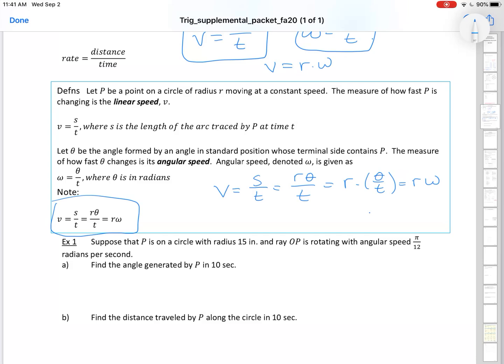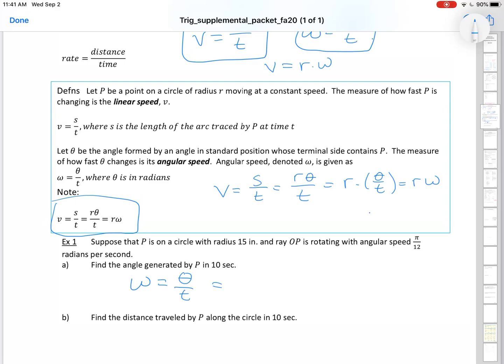Find the angle generated by P in 10 seconds. So let me read the problem. Suppose that P is on a circle with radius 15 inches, and ray OP is rotating with an angular speed of pi over 12. Find the angle generated by P in 10 seconds. Okay, so what do we have? We have angular speed. Angular speed is omega. Omega is the angle which we want over the time which we have, 10 seconds.